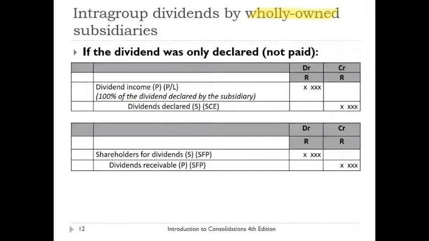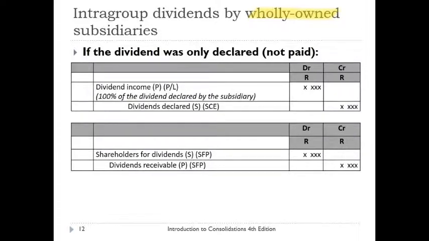First of all, the journal entries you see in front of you are consolidation journal entries. We now assume that the separate financial statements of the parent and the subsidiary, which is my starting point, include all the dividend transactions as they had to be recorded.